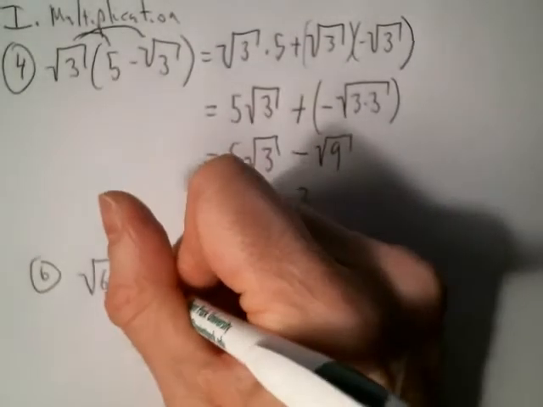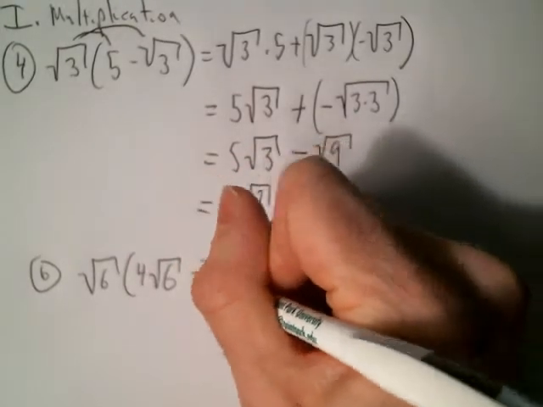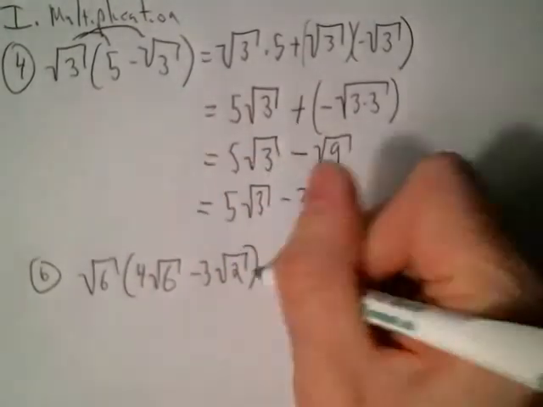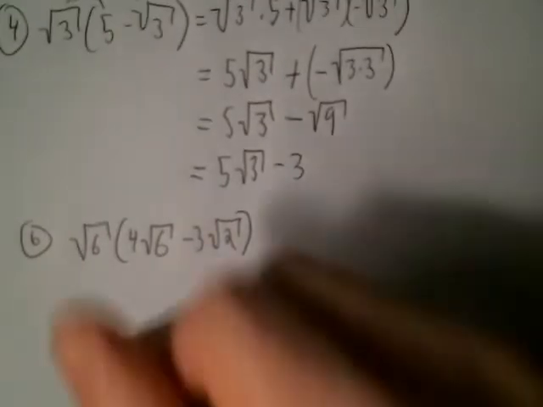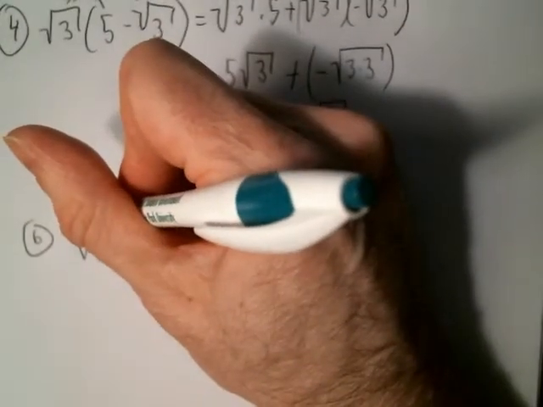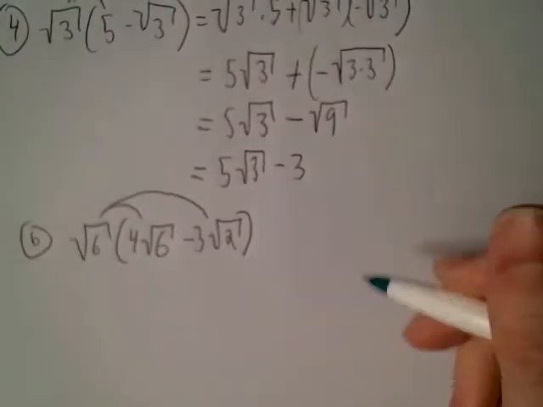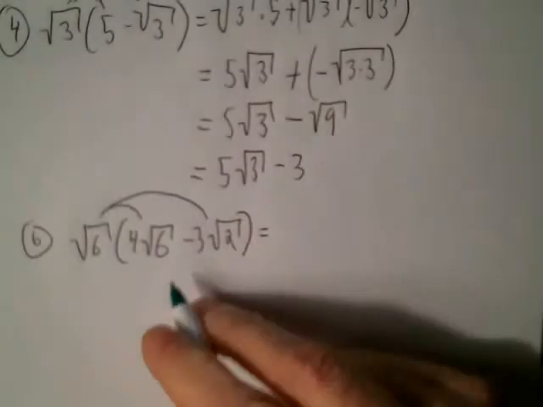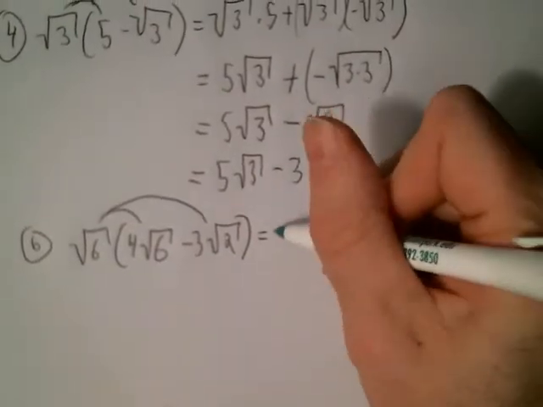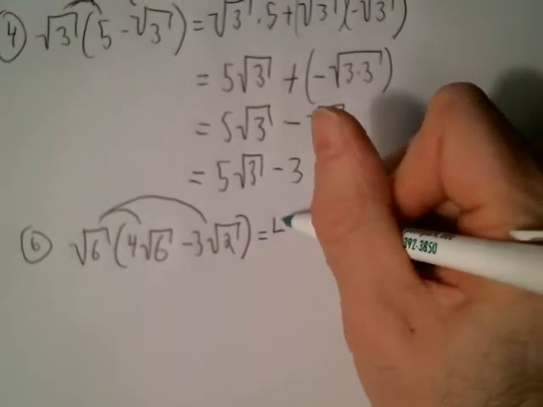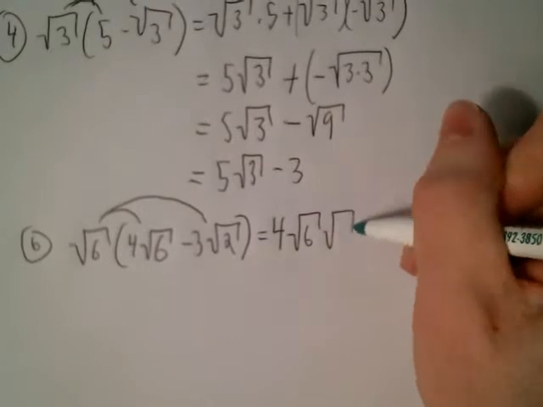So here we have radical 6 times 4 radical 6 minus 3 radical 2. Again, I want to distribute this times this and this times this. So you'll have radical 6 times 4 times radical 6, which you can rewrite as 4 times radical 6 times radical 6.